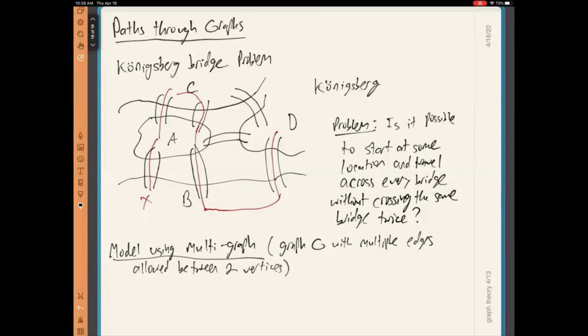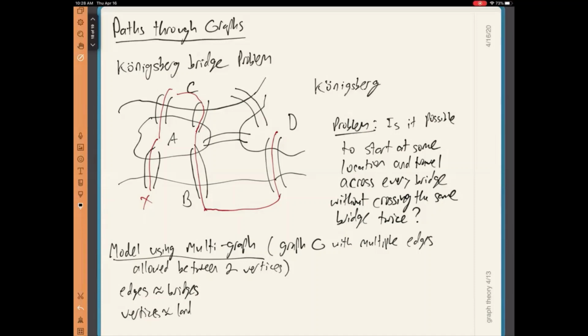Right, and so what does this look like from a graph theory perspective? Well, you can let the edges be the bridges, and the vertices are the different land pieces. Right, so I have landmass B, landmass A, landmass C, and landmass D.